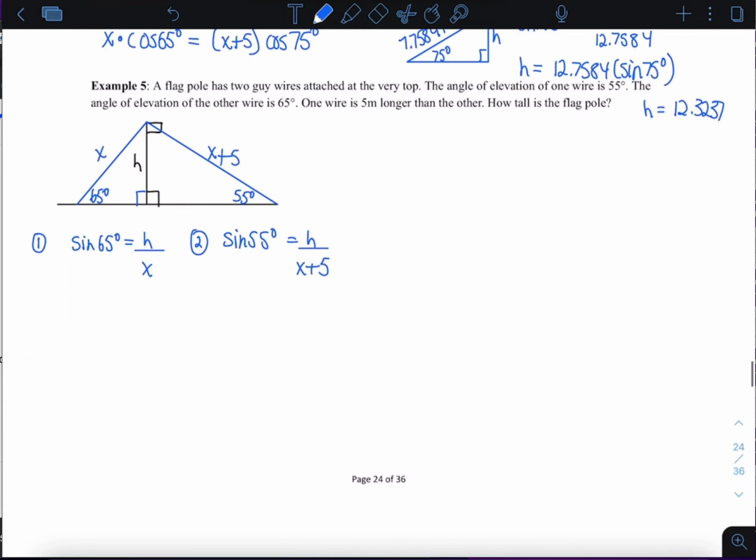Okay, and again, what I'm going to do is I can think about this as cross multiplication. So h equals x times sine 65 degrees. Okay, that's equation 1. Equation 2 is h equals (x plus 5) times sine 55 degrees.